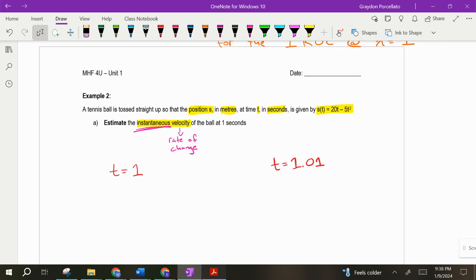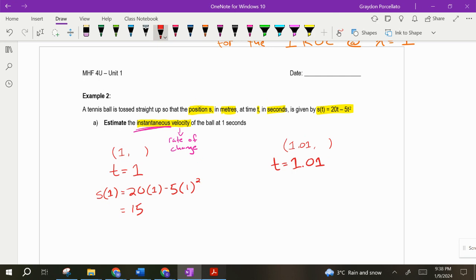If I'm thinking of this as a coordinate, I need my y values. In order to find my y values, I'm going to plug those t values into my equation. So s of 1 is equal to 20 times 1 minus 5 times 1 squared. That's basically 20 minus 5, which is 15.